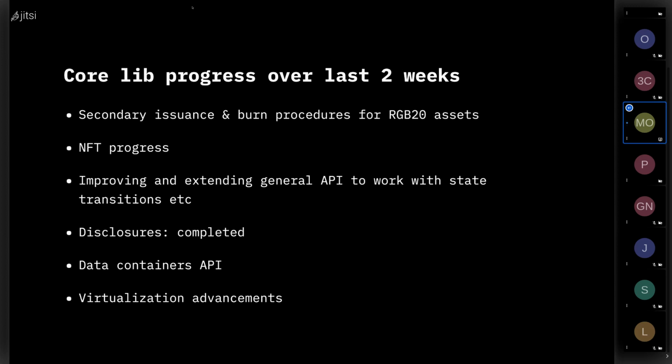Additionally to that, we have developed an API to work with RGB20 assets, secondary issuance, and burn and replacement. This API will be used by the wallet, so we're providing high-level data structures describing all the issues, history of burning operations, and an API for detecting how many assets are in circulation today, and so on and so forth.